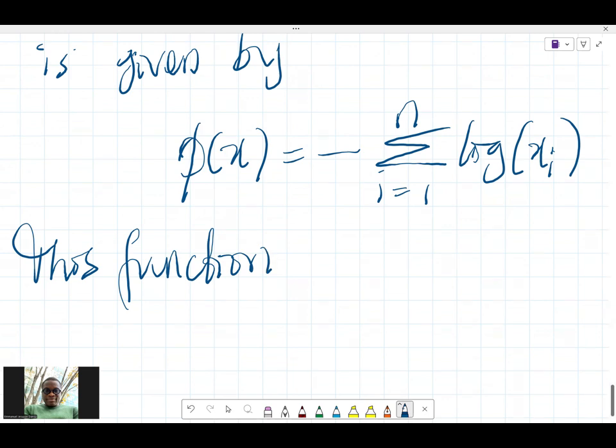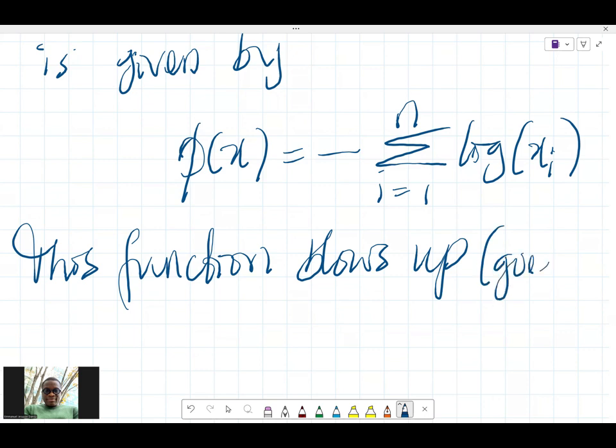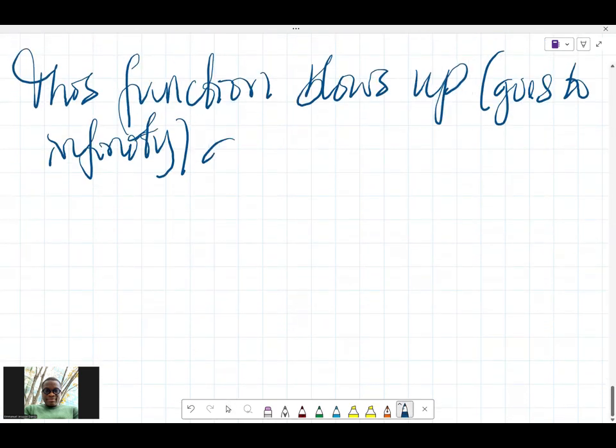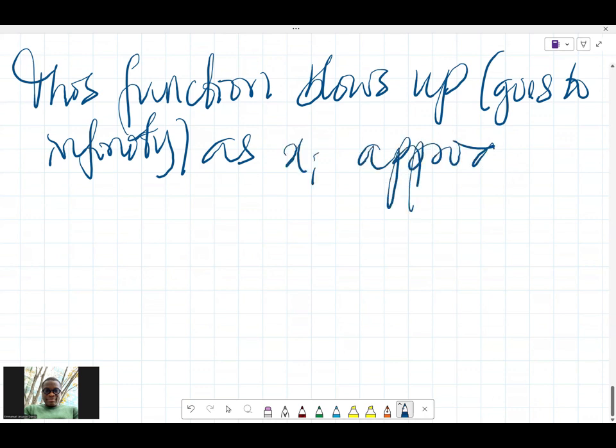So this function, that's where the whole barrier thing comes from. This function blows up, that is, goes to infinity as xi approaches 0, because log 0 is undefined, right?